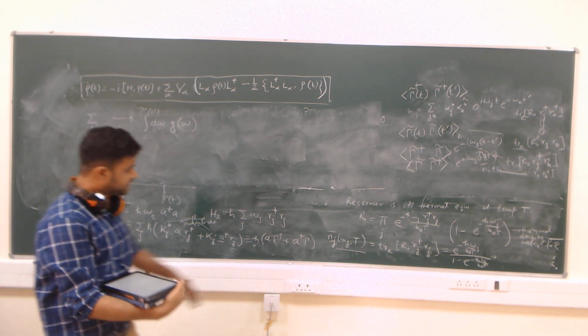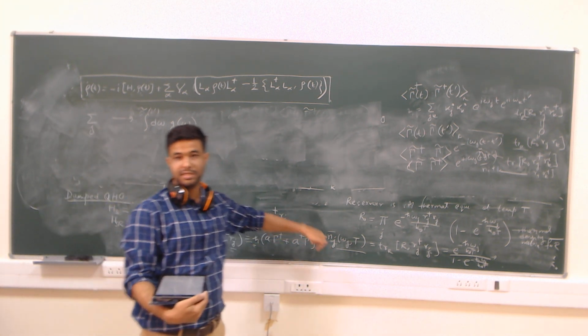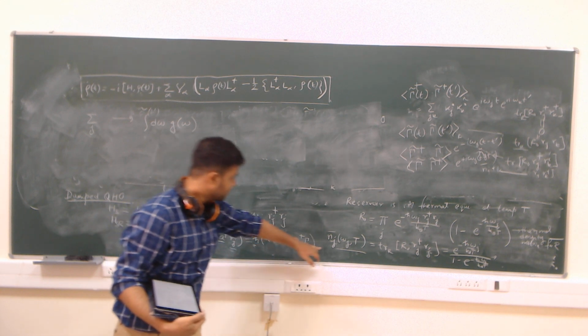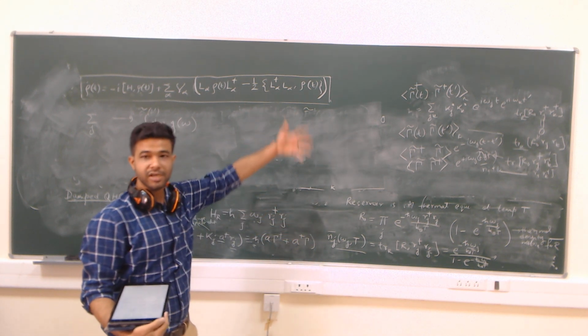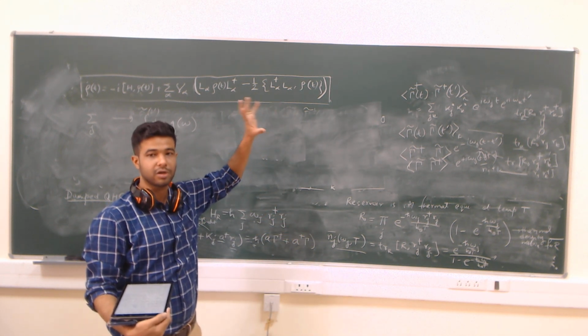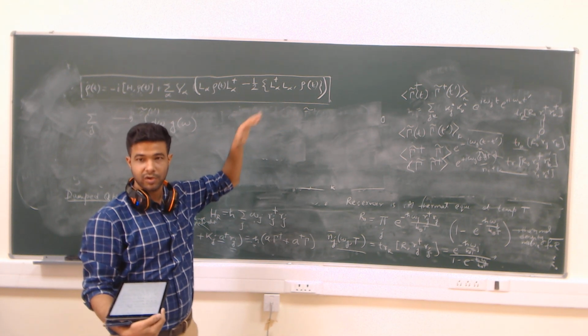So when we get these number operators out of it, the bath density matrix and so on, this gives us how many of those bath occupation numbers or bath levels are occupied and so on.